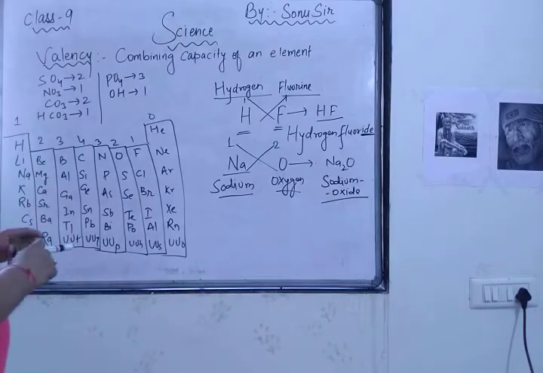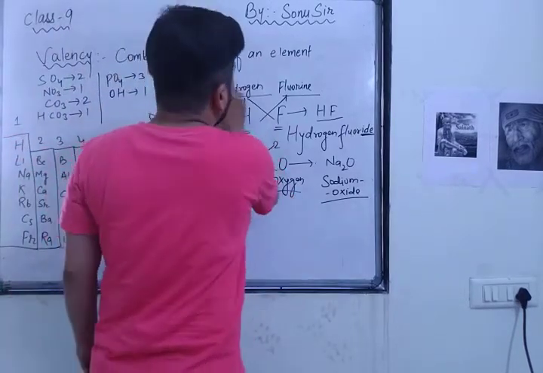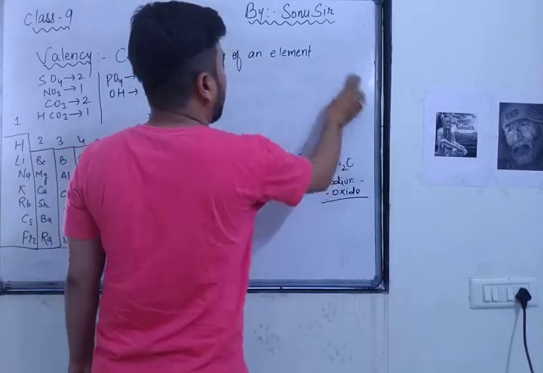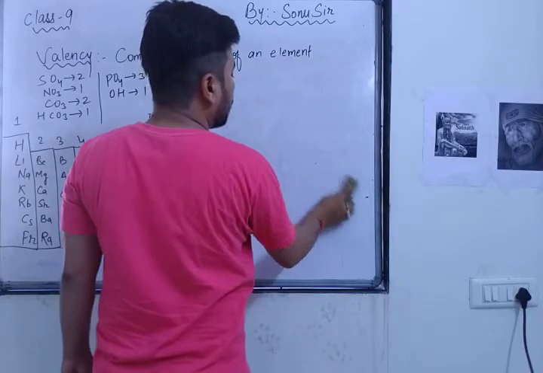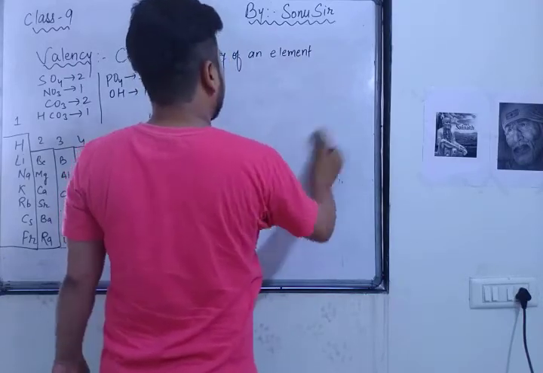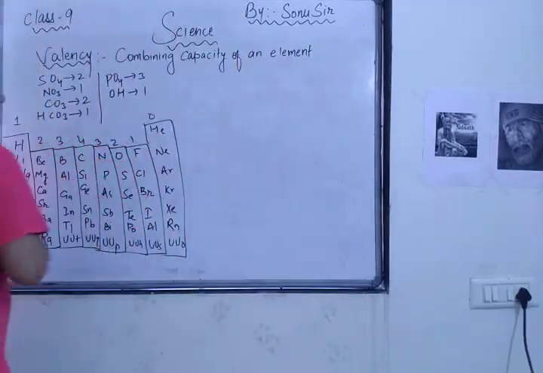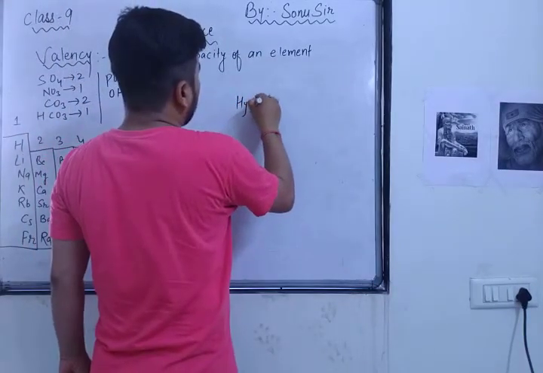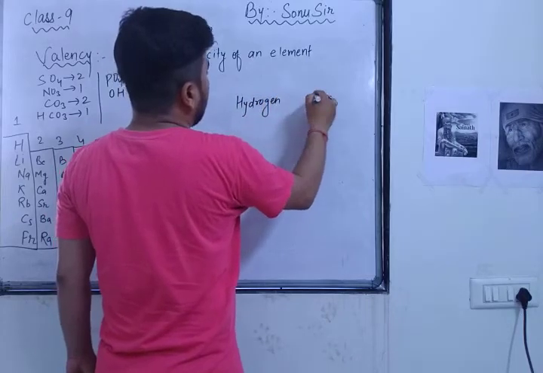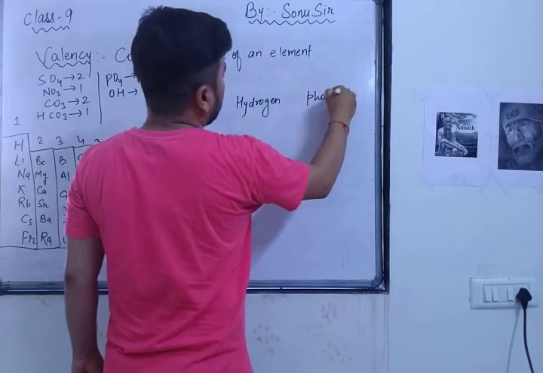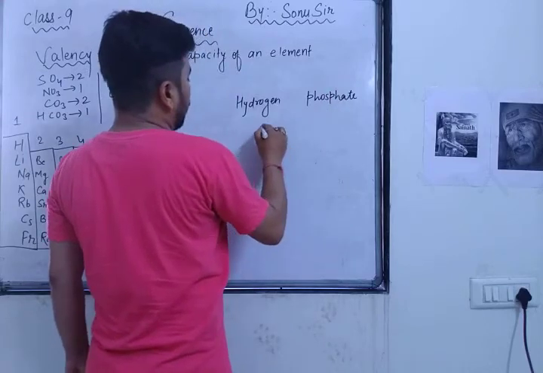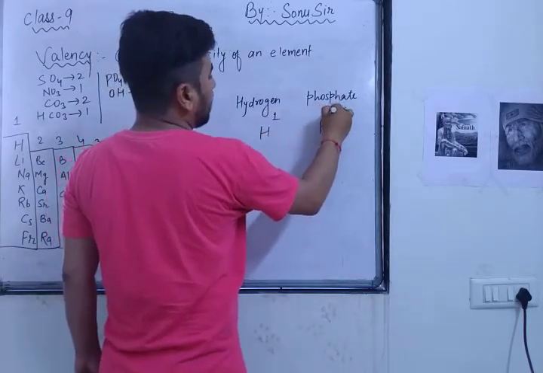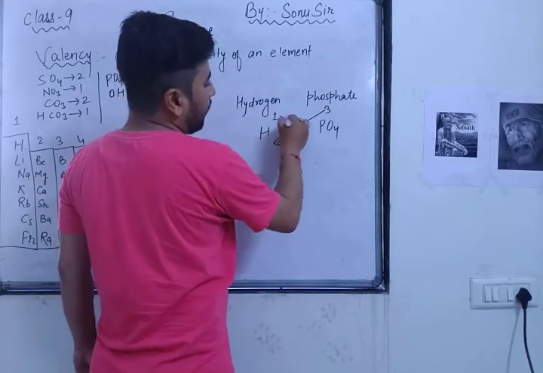Just suppose I talk about hydrogen and phosphate, PO4. If I want to make a compound with these two, one element and one compound, you check the valency. What is the valency of hydrogen? 1, right? Hydrogen valency is 1, phosphate valency is 3. 3 will come this side, 1 will go this side.